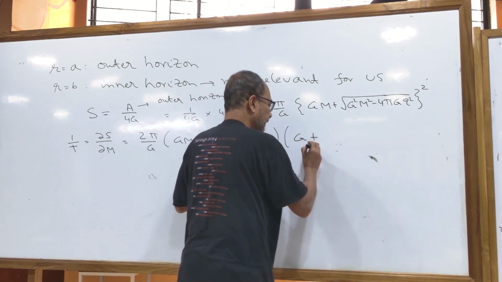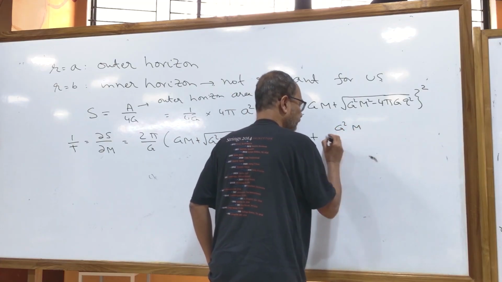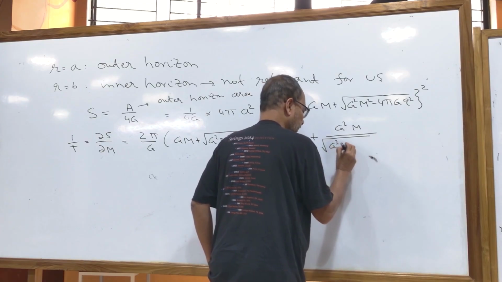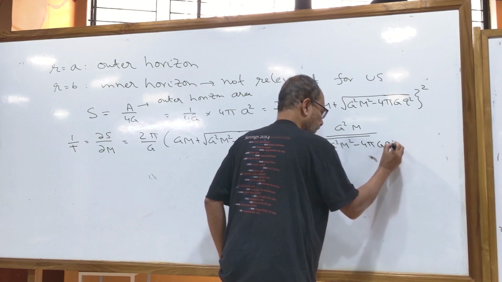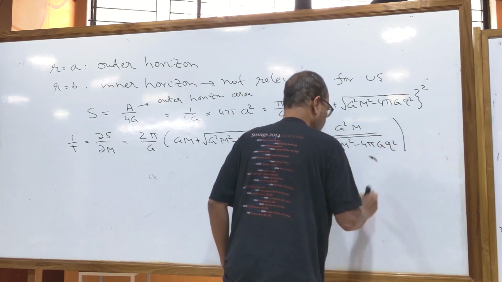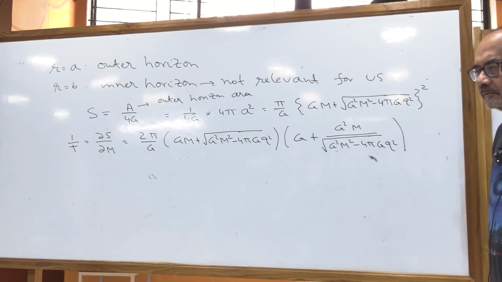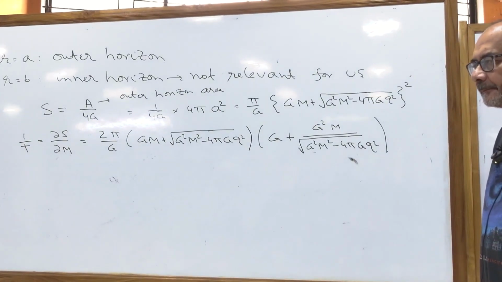That's G plus G square M over square root. Is that clear?